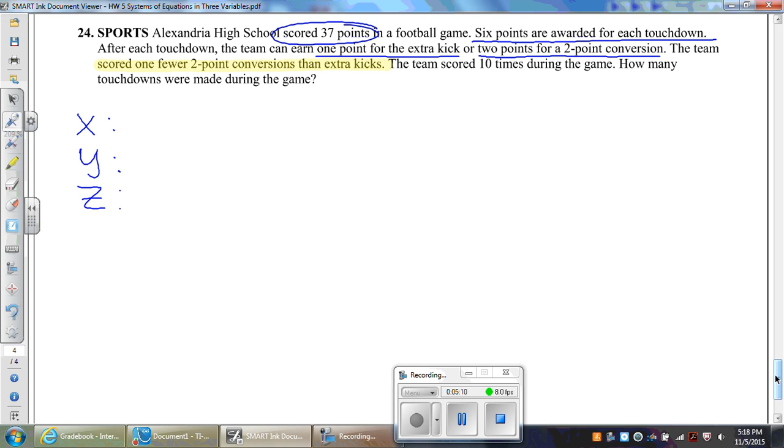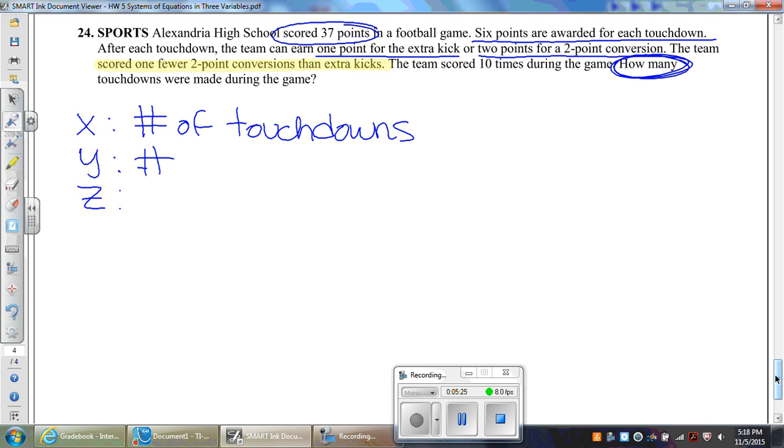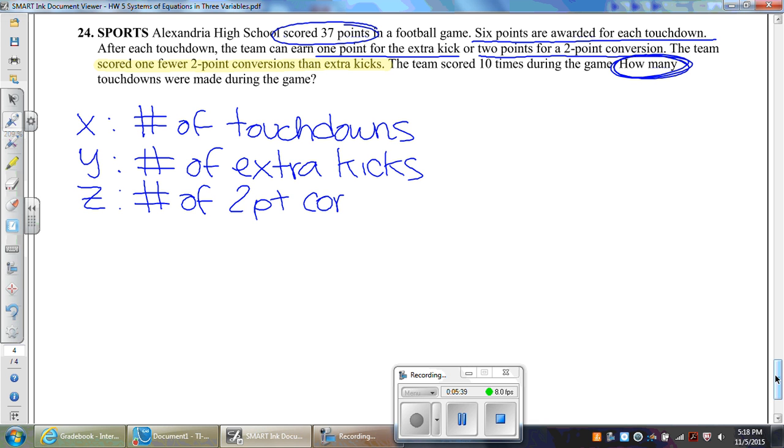And since the question is asking me how many, I will define my variables as the number of touchdowns, y will be the number of extra kicks, and z will be the number of 2-point conversions.